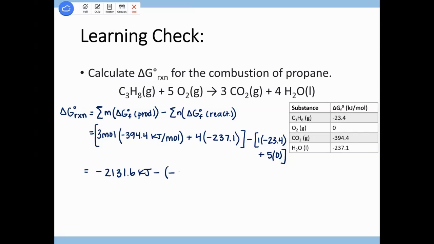Second set of brackets is negative 23.4. Final value here is negative 2,108.2 kilojoules. So the combustion of propane, delta G, negative 2,108.2 kilojoules.